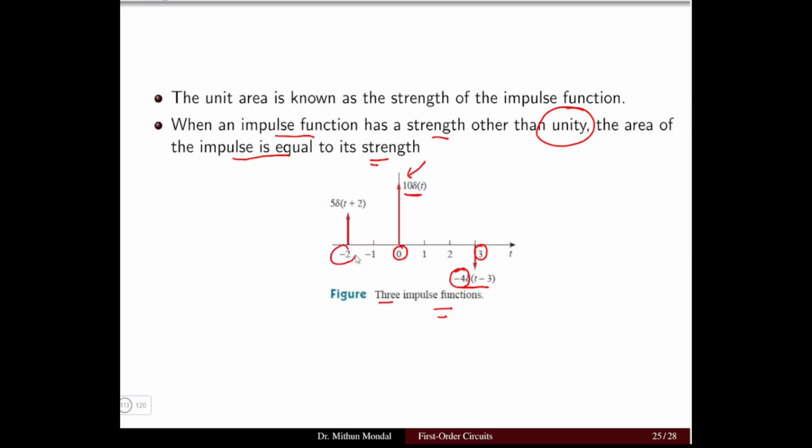Here at minus 2 time you have a strength of 5, so we have written 5 δ(t plus 2). So we can write the equation as a δ(t plus or minus t naught), where t naught indicates the switching operation, whether it is a delayed function or an advanced function, and this is multiplied with some constant a, which is the strength of the impulse function.